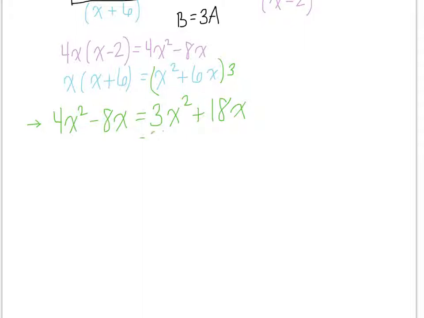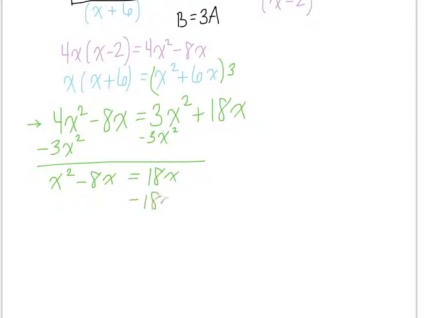So let's subtract 3x squared from both sides, and that gives us x squared minus 8x equals 18x. Let's subtract our 18x. That gives us x squared, and negative 8 minus 18 is negative 26x, equals 0.